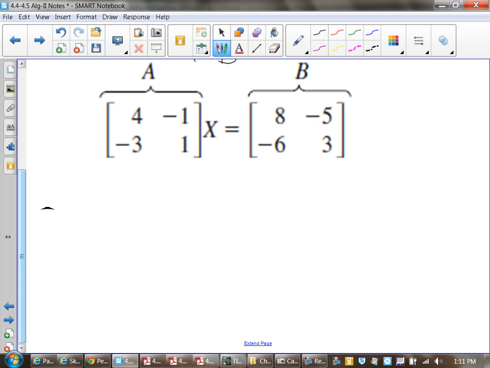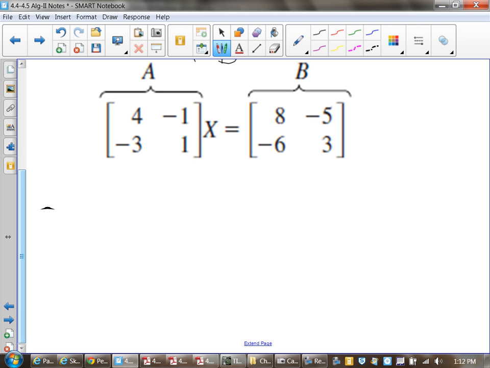If you remember, when you were matching up matrices, whenever you're multiplying matrices together, these two numbers had to be the same, right? That was the rule. So the second matrix would have to be a 2 by, well, to end up with a 2x2, that has to also be a 2.